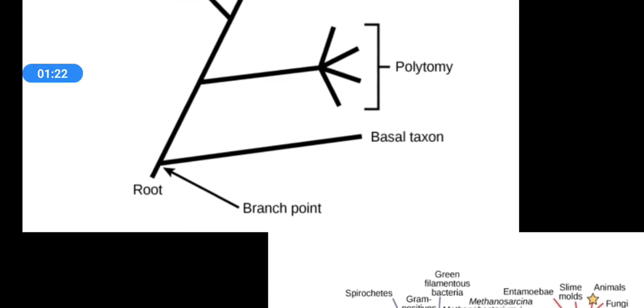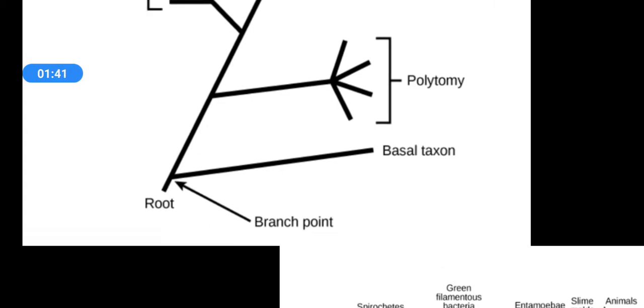A branch point, or split point, is where a lineage is thought to have evolved. And the lineage that evolved earlier in the evolution, or the lineage close to the root of the tree, is called a basal taxon.